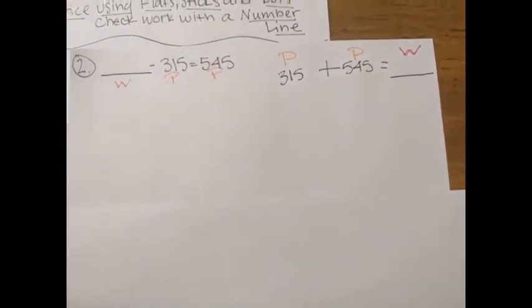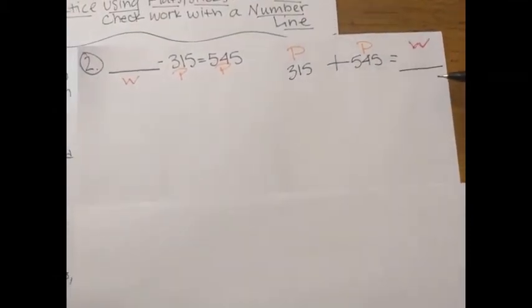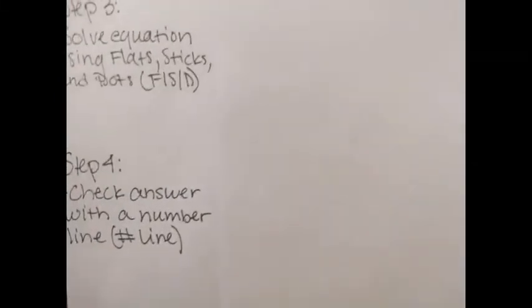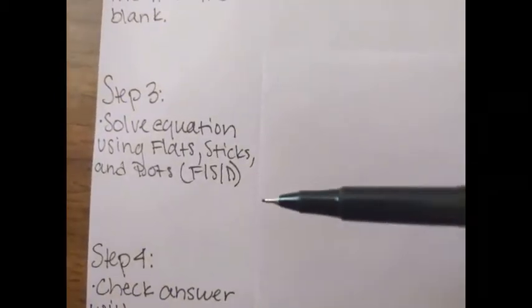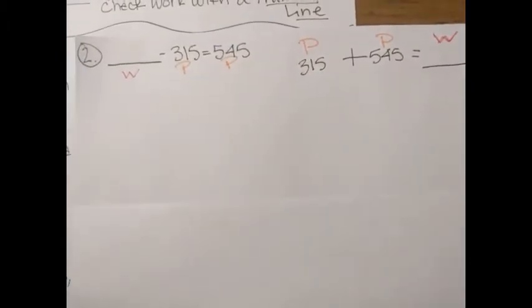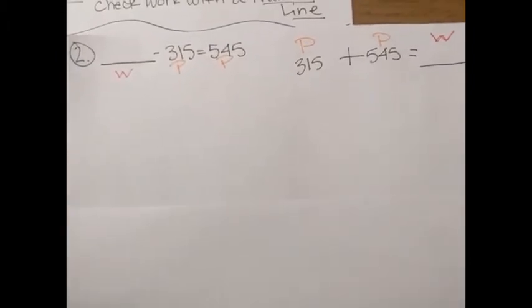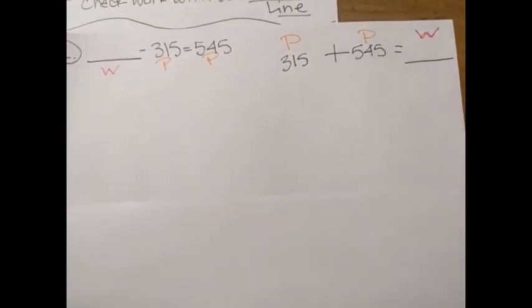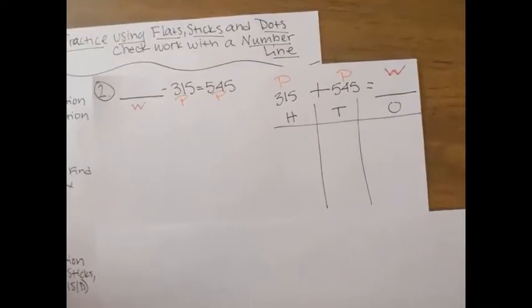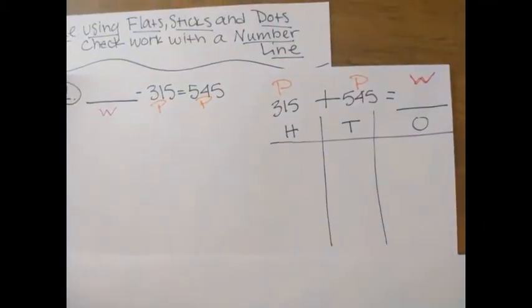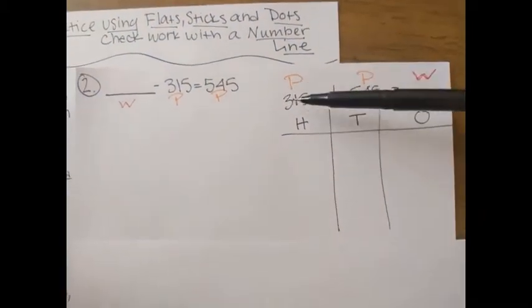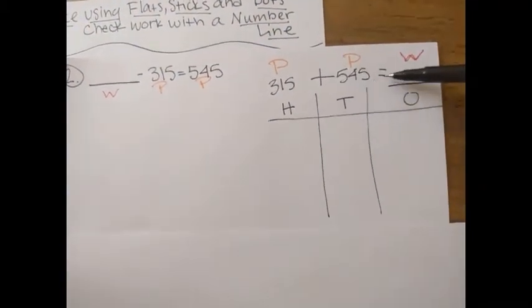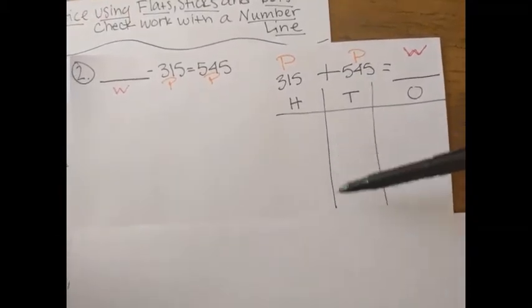And now that we have created our equation, we are ready to solve this equation using flat sticks and dots. Please take a moment to create your flat sticks and dots chart, and when we come back, we will add these two parts together. Once you have created your flat sticks and dots chart, you are ready to add the equation that we just created into our chart.